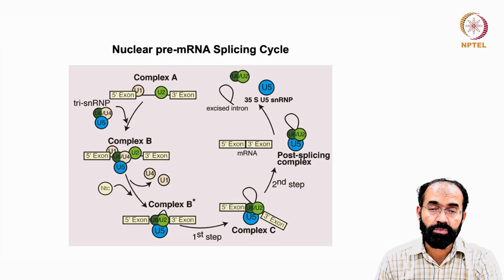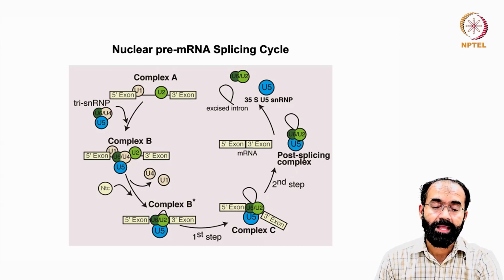These molecules are available for the next round of reaction. U6 and U2 also separate eventually, and the cycle continues: complex A, complex B star, complex C, and then the post-splicing complex.